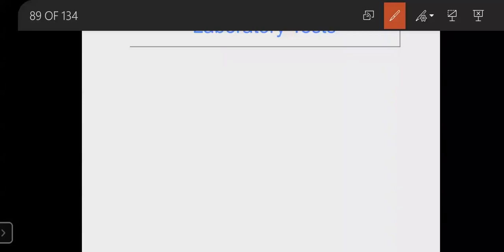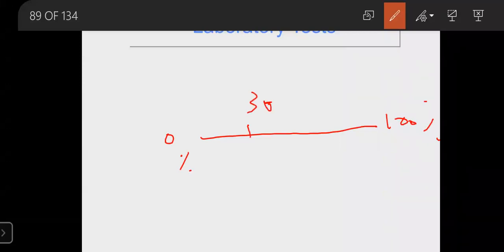So if this is a diagram, here is 100%, here is 0%. At 30% of me being sure that this patient is having the disease, this is called the test threshold. At 90% of me being sure that this patient is having this disease, this is called the treatment threshold.